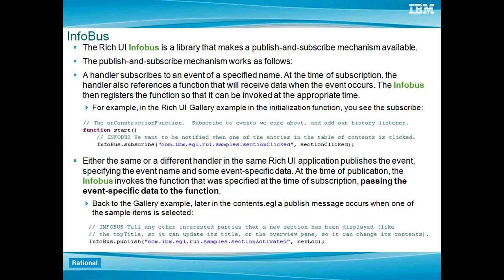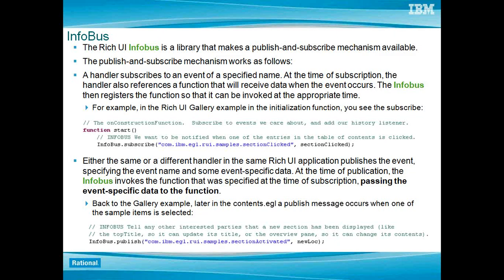If you see here in this code example, we have written infobus.subscribe. Infobus is the library name, and subscribe is the function name, and we are providing two parameters. The first parameter is the event name, the event ID. This ID must be the same for the publisher. Both publisher and subscriber must use the same event ID.